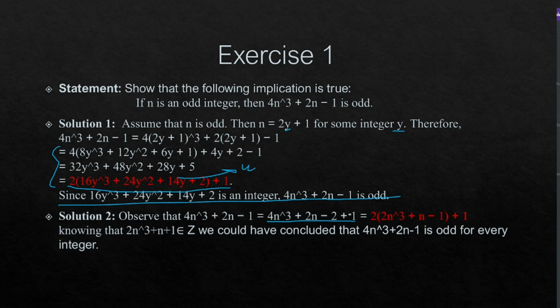And if we take 2 from this, we still get this formulation, which gives us the same result. We just skipped all this algebra, all this arithmetic. It gets to the same result. This is still u. Maybe u1 here, because we don't want to confuse you with this u.